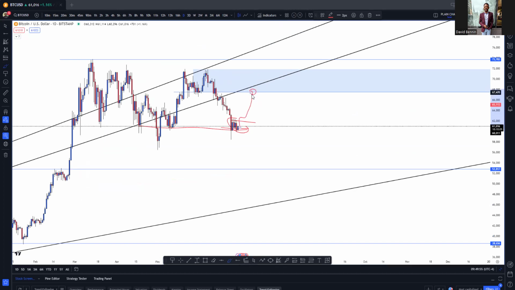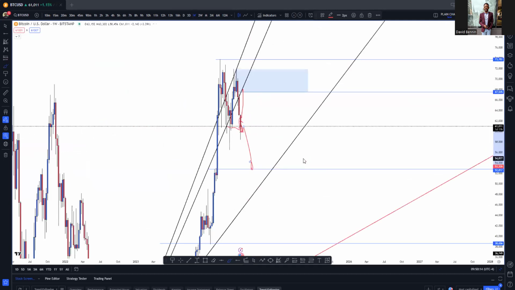But if it fails to take out this level here, then what it will do is take out that level that we spoke about and hit 52K. And from 52K, we'll look to hit 50K. But we would expect a significant pullback from the 52K level because of this demand zone here.